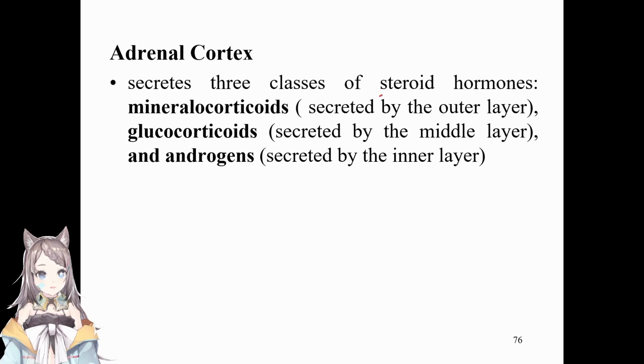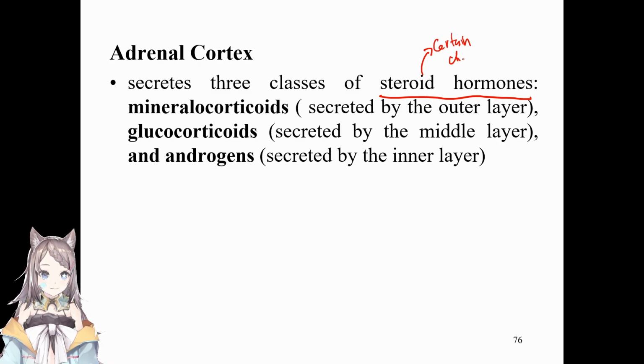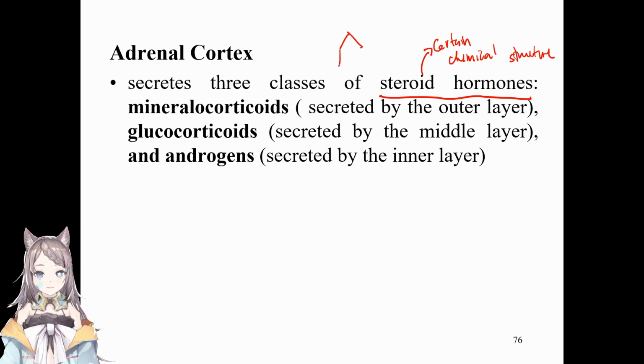When we say steroid hormones, this refers to a certain structure, our steroid structure. I'm not gonna draw it, maybe I'll make a mistake, but it generally looks like this.